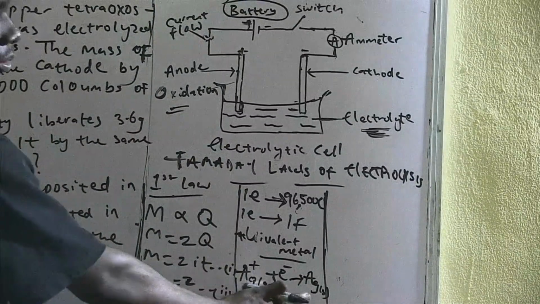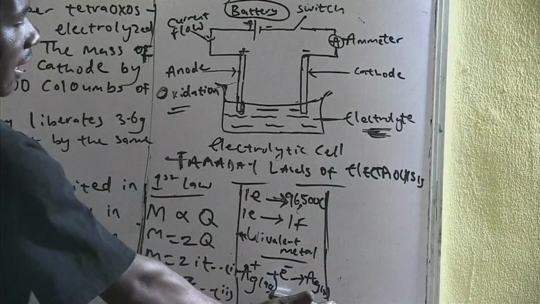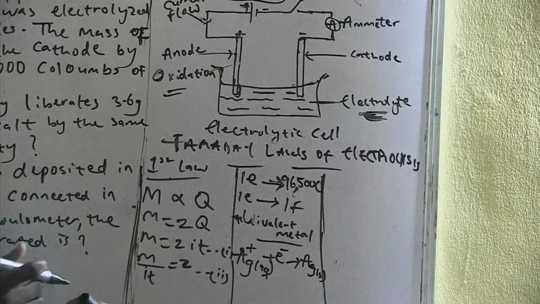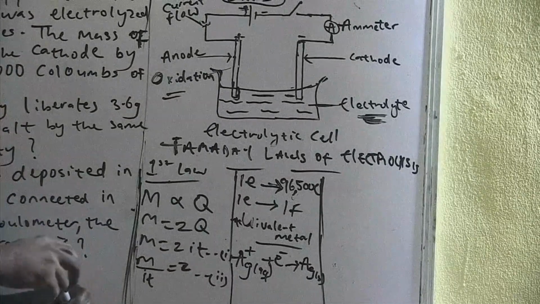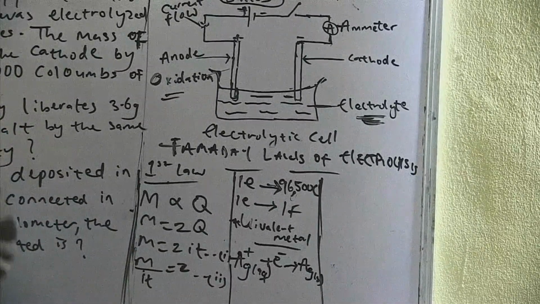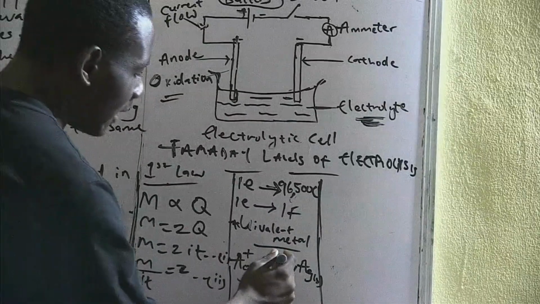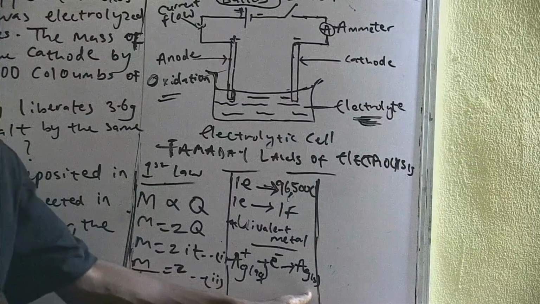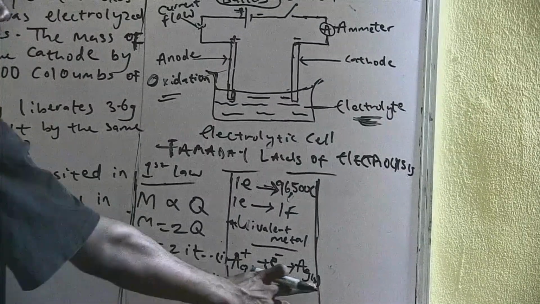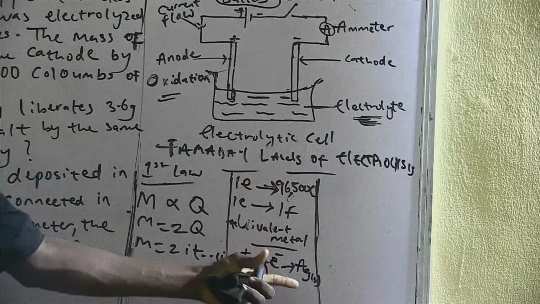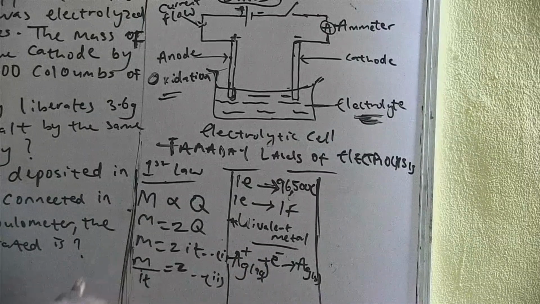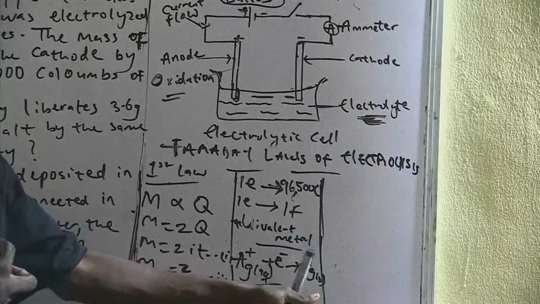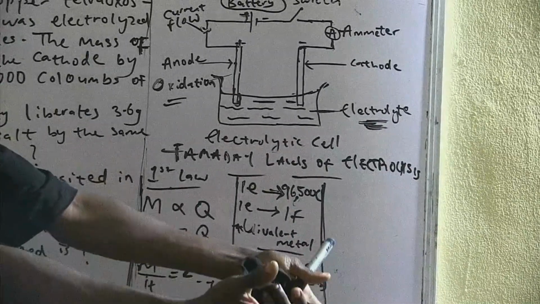Now look at this. This kind of ion requires just one electron to be deposited as solid. This reaction happens at the cathode, because at the cathode ions receive electrons, while at the anode they give electrons.